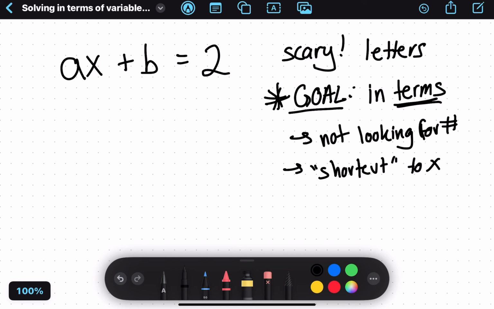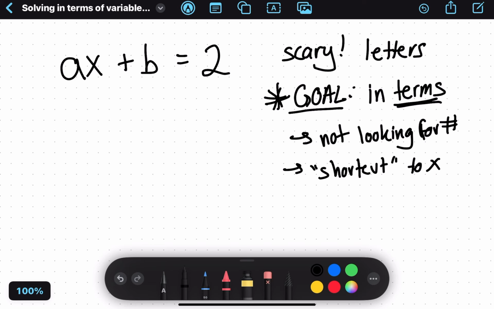Meaning, if I did a specific order with these variables, then I would get x immediately. If I took these numbers and I multiplied them and divided them and added them and subtracted them in a certain way, I wouldn't even need to solve. I would just get what x equals right away.